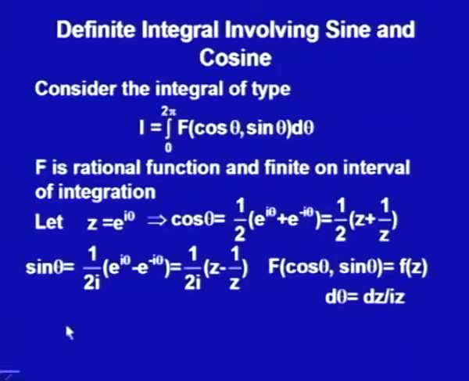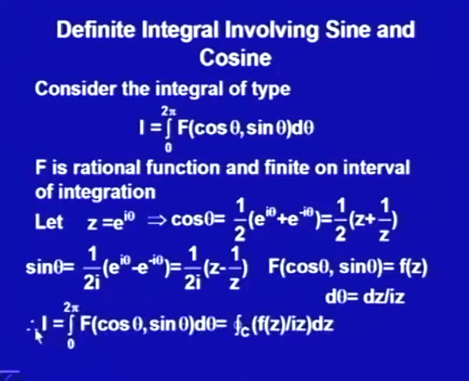What this says is that we can write the integral from 0 to 2 pi of the function capital F of cosine theta, sine theta, d theta, as a contour integration on the unit circle C of the function small f of z, dz upon iz, that is, d theta is dz upon iz. So, I am writing it as the integral of f of z upon iz dz on the contour C, where this contour C is nothing but the unit circle, mod z equals 1.